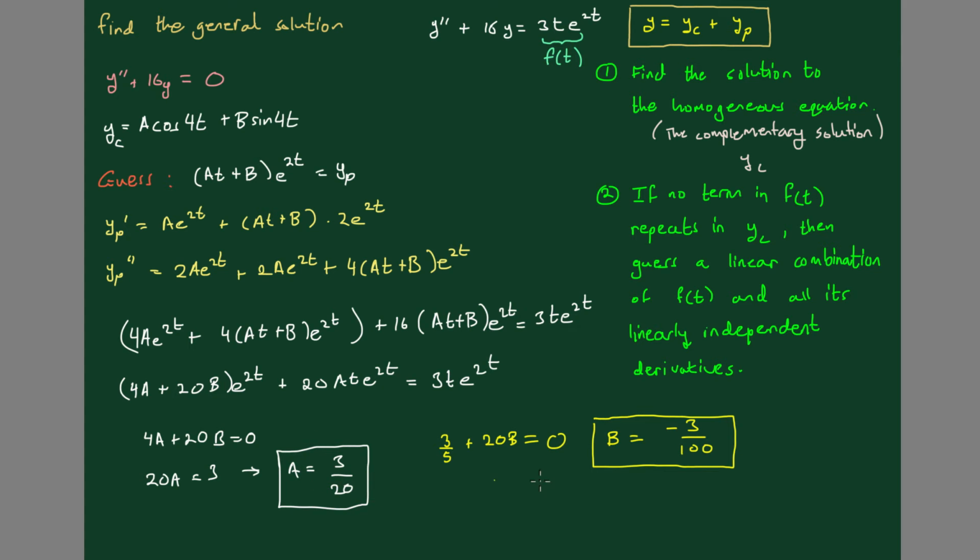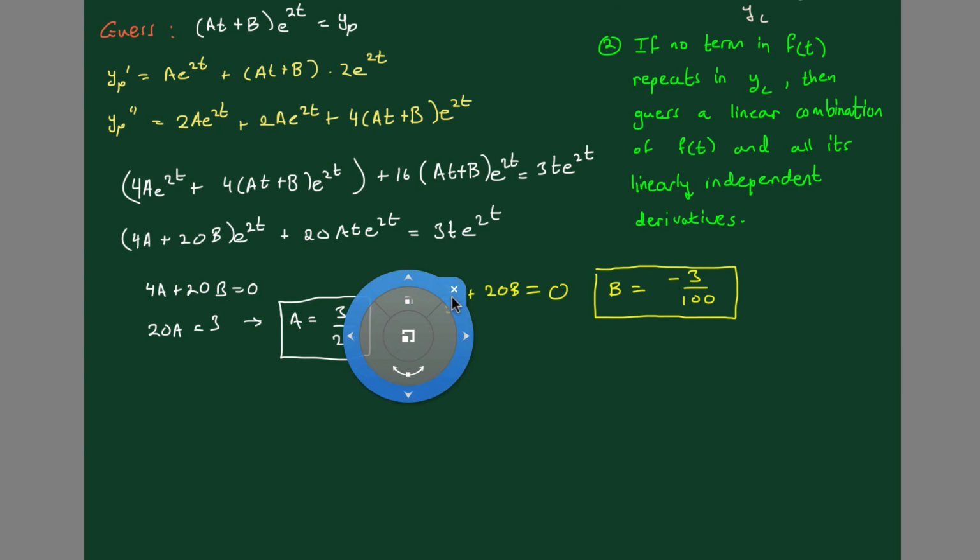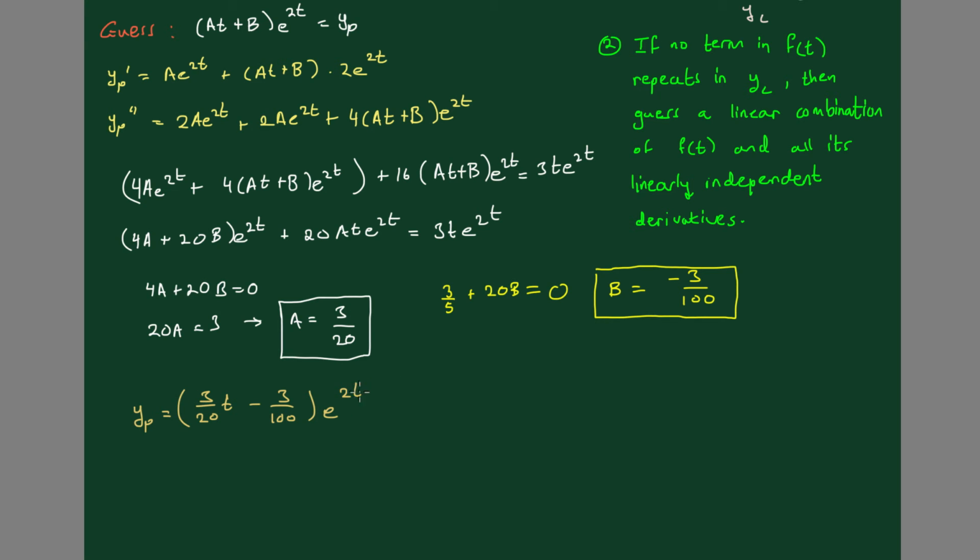Okay, so we have our a and we have our b now, which means we can plug this in here to get the particular solution, yp. So this means that yp is equal to 3 over 20 times t minus 3 over 100, and all of this times e to the power 2t. And our complementary solution, which we found to be a times cosine 4t plus b times sine 4t.